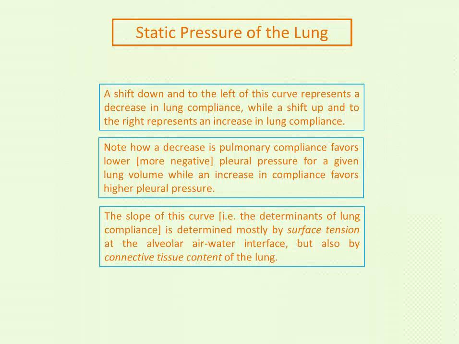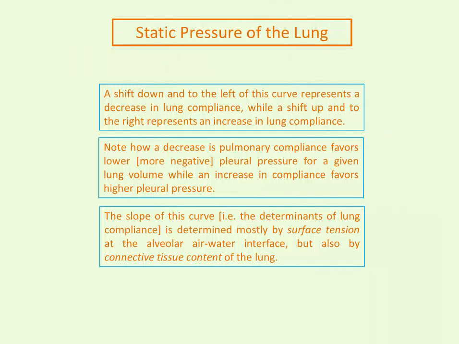So the slope of this curve, whether it shifts up and down, is determined mostly by surface tension, and I talk much more about that in my book chapter. It's a little bit hard to graphically represent here, but this is determined by surfactant at the air-water interface of the alveolus, but also by the connective tissue content of the lung, which changes the slope of this curve.